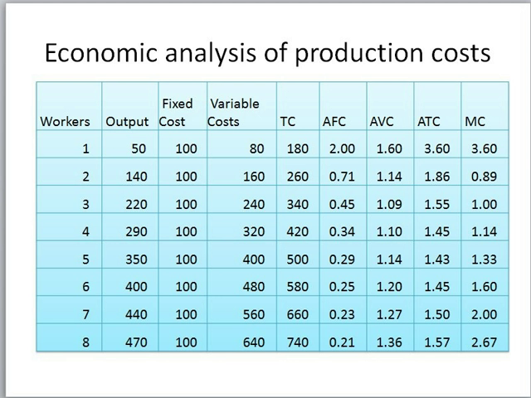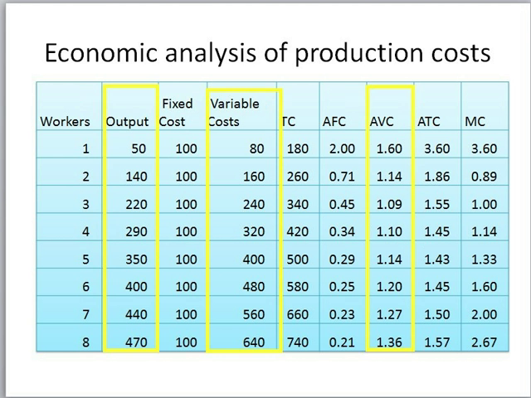If we continue to do that, we have the average variable cost. The average variable cost is $1.60 when we have an output of 50 units, because we are spreading out $80 over 50 units. But the average variable cost is $1.14 if we have two workers, because we now have to spread $160 of variable cost among 140 units of output.